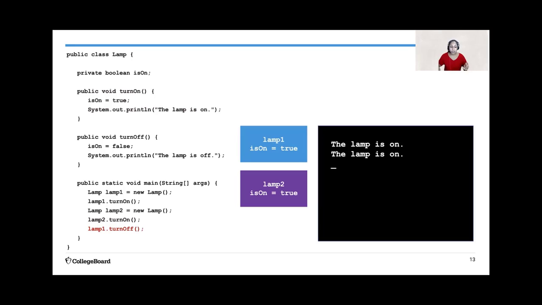Finally, if I call lamp1.turnOff, this is still calling just the turnOff method for lamp1 only. So that's going to set isOn back to false, or turn the lamp off, and print out the message to the user that the lamp is off. After that, the program is over and I see that the final state of those two lamps is false for lamp1, or that lamp is off, and lamp2 is on, or set to true.